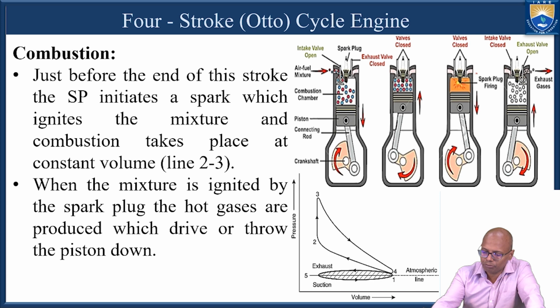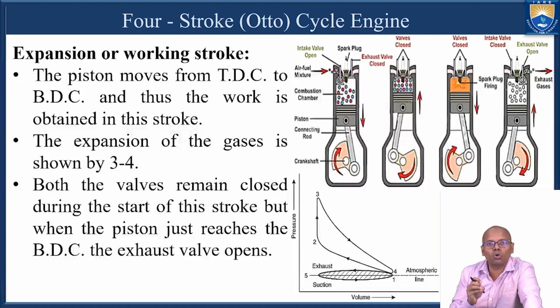So after the combustion, the gases will exert a lot of pressure on the piston, and the piston starts moving from the TDC to BDC. Okay, from the top dead center to the bottom dead center, the piston will be pushed, and this stroke is called the expansion stroke or working stroke.